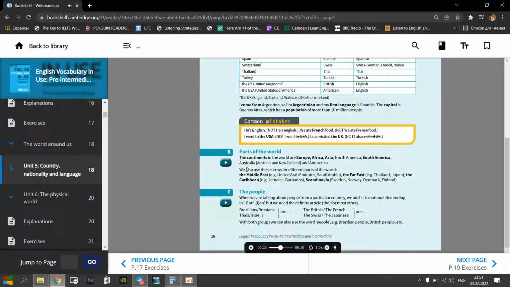Brazilians, Russians, Thais, Israelis. The British, the French, the Swiss, the Japanese. With both groups, we can also use the word people. For example, Brazilian people, British people, etc.